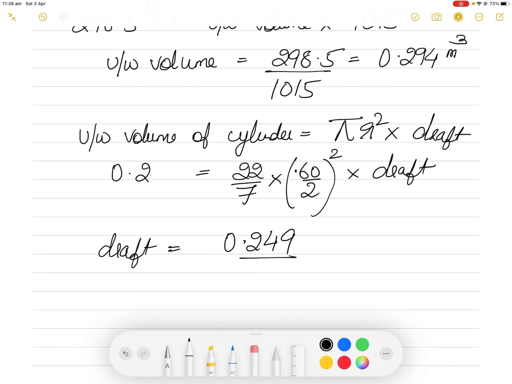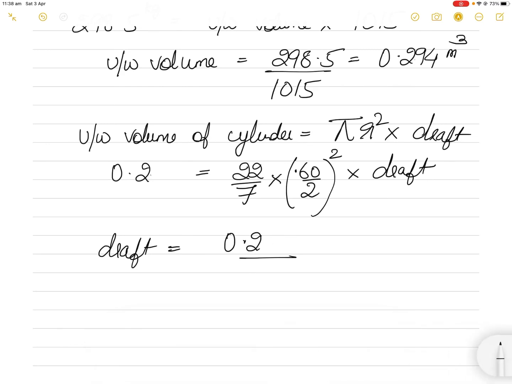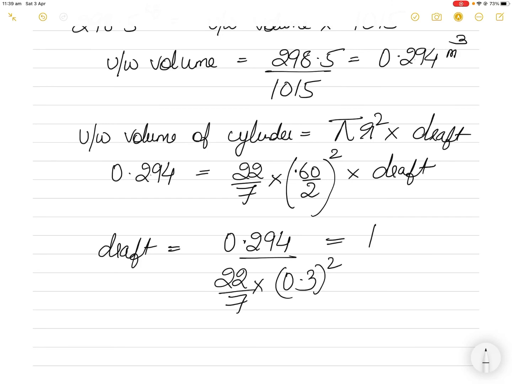Here you go. So sorry about any confusion if I caused any, but you should be doing the calculation right. 0.294, and I've got 22/7 here, I've got 0.3 square here. All right, so the draft I get is 1.039 meters. Right, so I've got the draft.